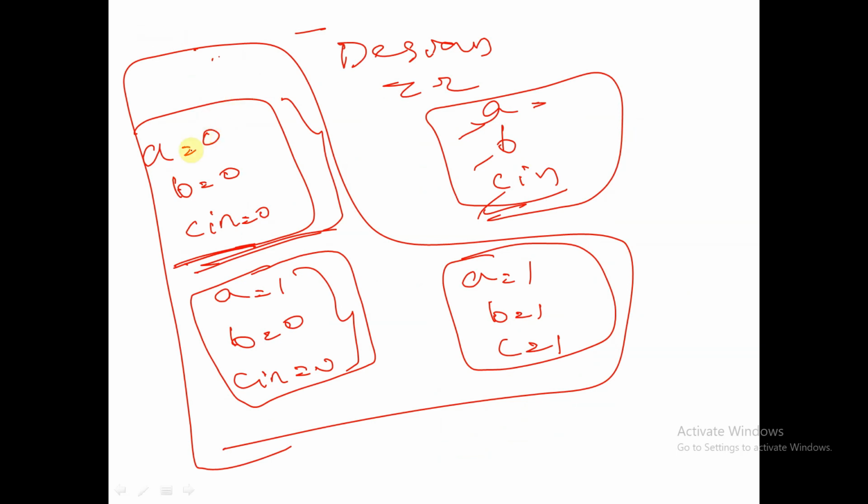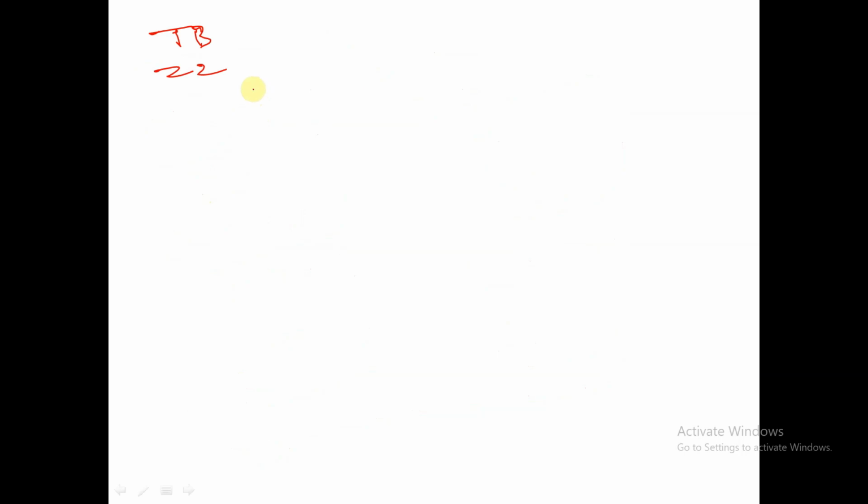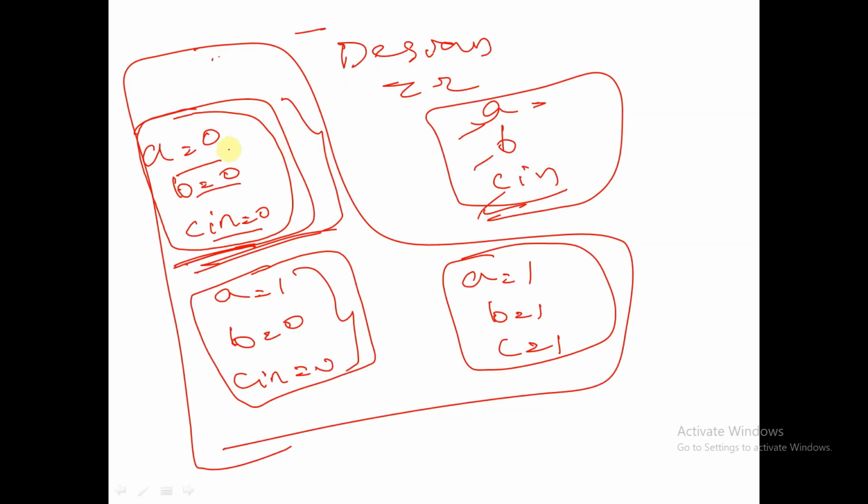you are taking this scenario, a equal to 0, b equal to 0, c in equal to 0. So we have to drive three inputs with these many scenarios, like one time all of them should be 0, and another time we make it 1, 0, 0.